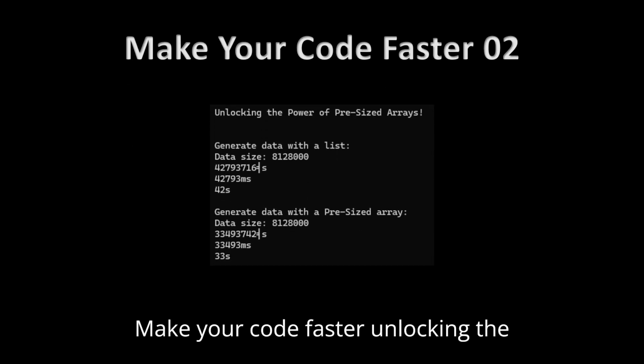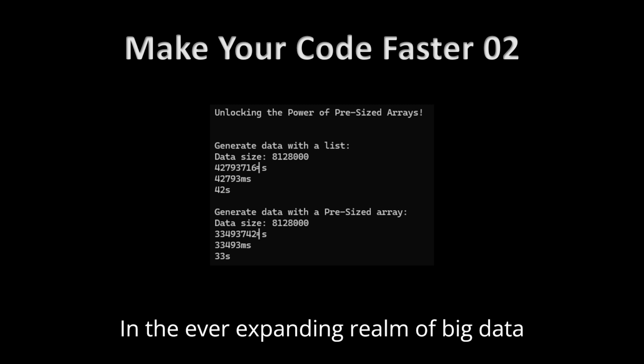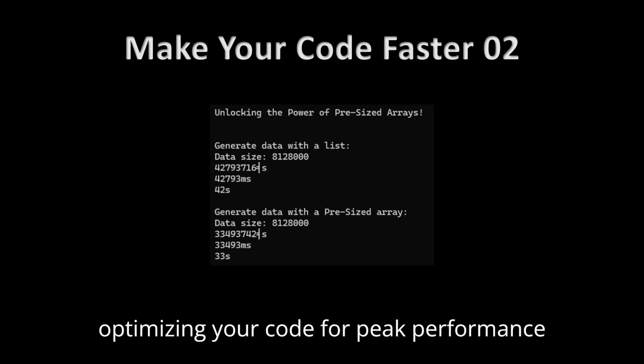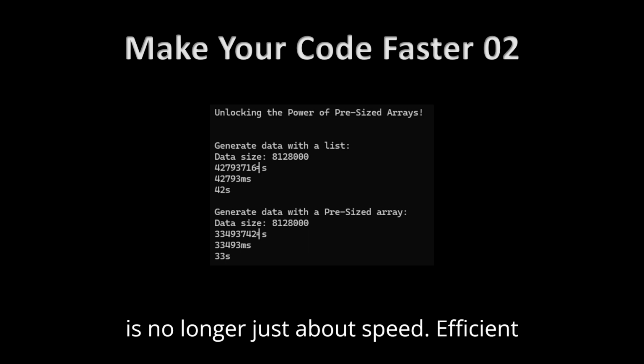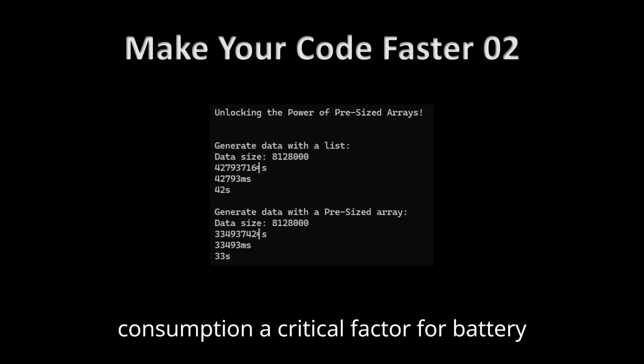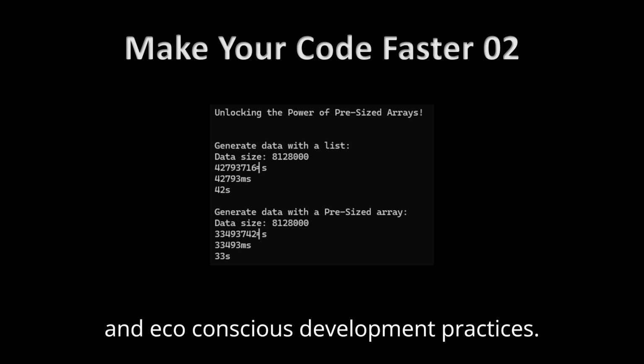Make your code faster, unlocking the power of pre-sized arrays. In the ever-expanding realm of big data and resource-hungry applications, optimizing your code for peak performance is no longer just about speed. Efficient code translates to lower power consumption, a critical factor for battery-powered devices, massive server farms, and eco-conscious development practices.